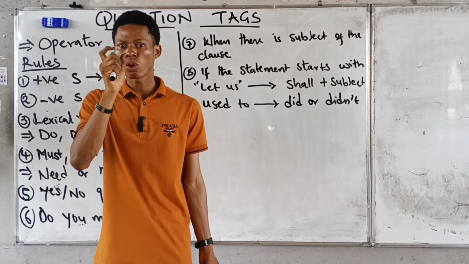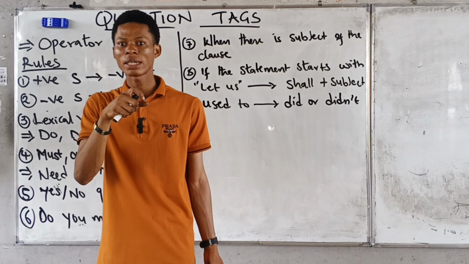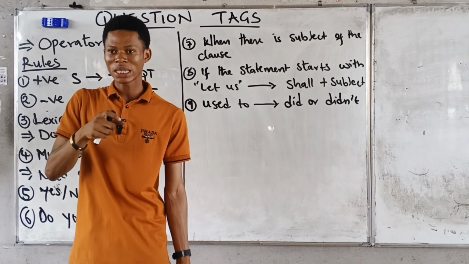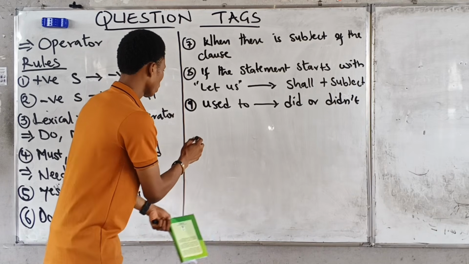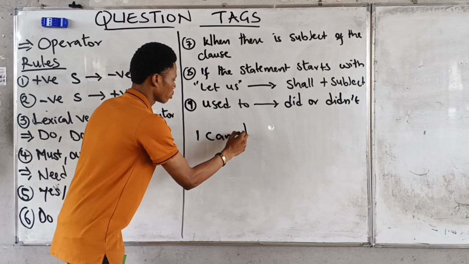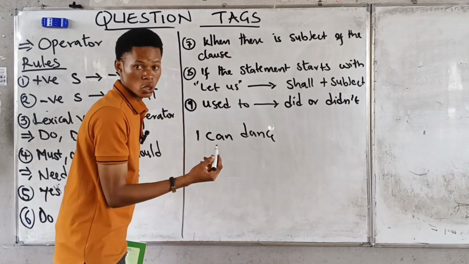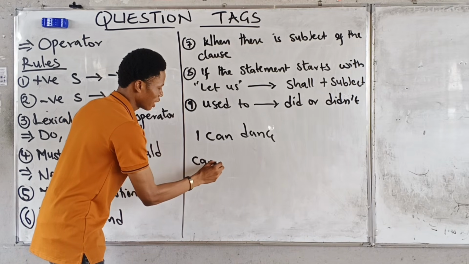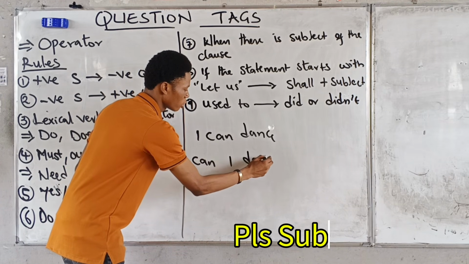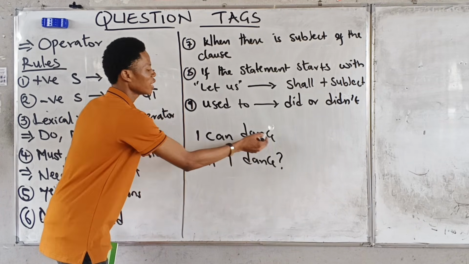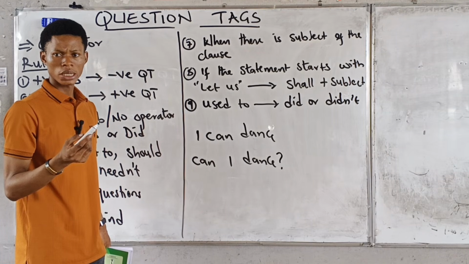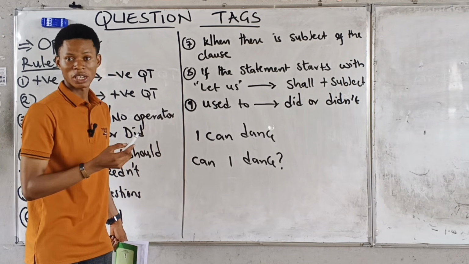What did I use? One word I used to convert it. What is the operator in that sentence? Now look at this. "I can dance." Then you converted it to a question: "Can I dance?" So what do you use to convert this statement to a question? We know it's an operator, right? What is the operator in this sentence, if you are given an exam?